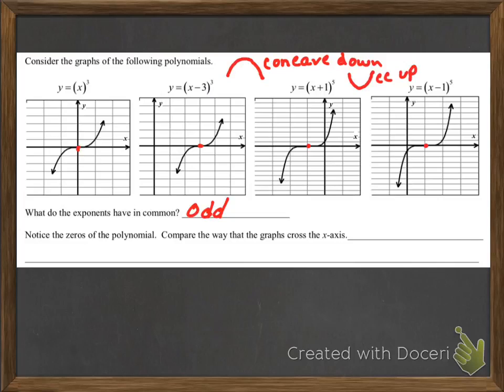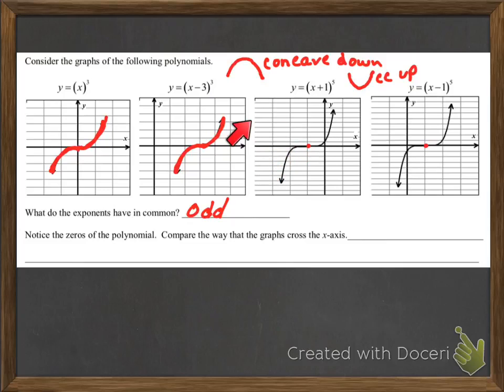So if you look at our graph here on the left side of that zero, the graph is concave down, and then on the right side the graph is concave up. Same thing here on the next one. It's concave down on the left side, concave up on the right. And then on these graphs, the same situation occurs.